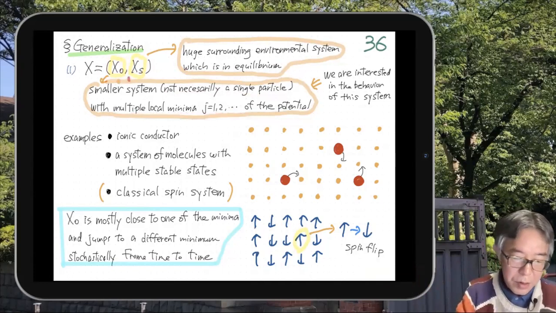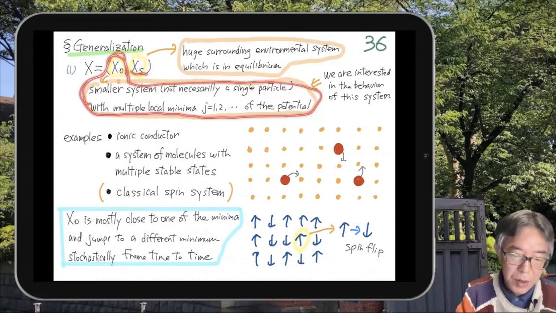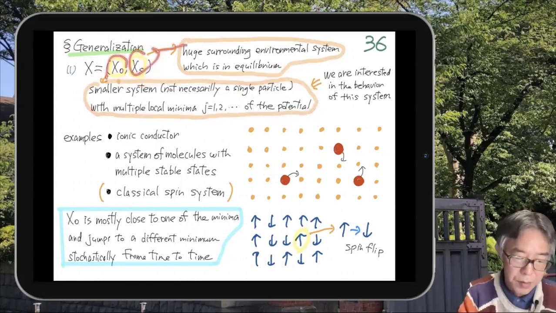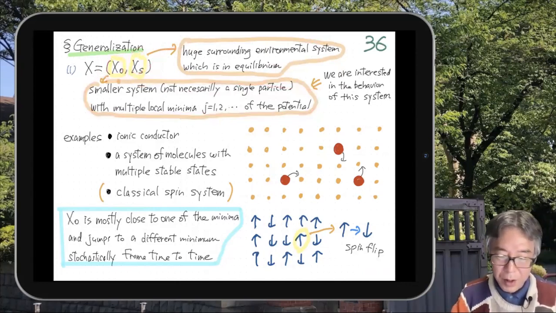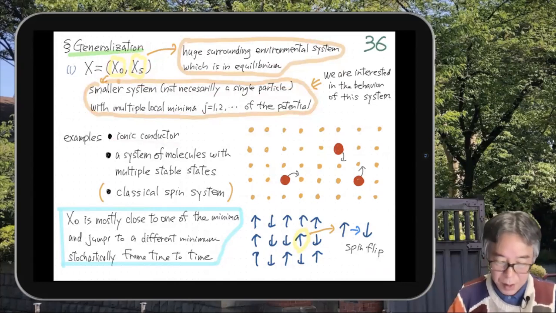And of course we are interested in the behavior of this system, treating the surrounding as a heat bath. One example is, of course, the Brownian motion, but here are further examples. Ionic conductors, studied in chemistry, are a kind of conductor where the current is carried by ions in a crystal.